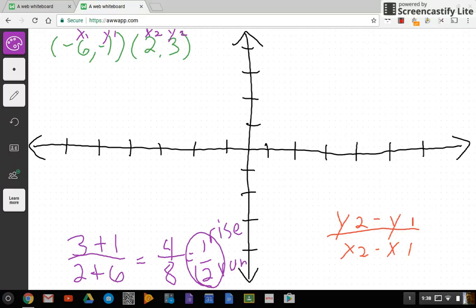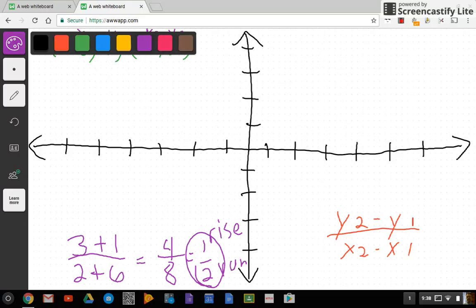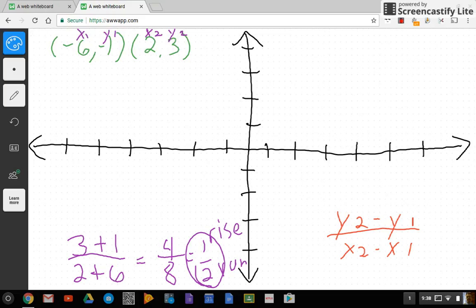All right, so if I'm going to graph this line now, I can also calculate slope from my graph. We'll look at that here in just a moment. First, let's plot our points. So I've got -6 and 1, so that's going to be more or less right there. And 2, 3, which will be more or less up in this area.